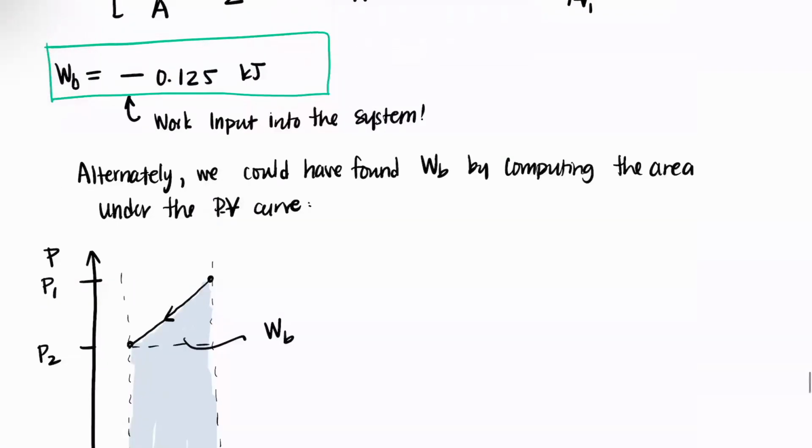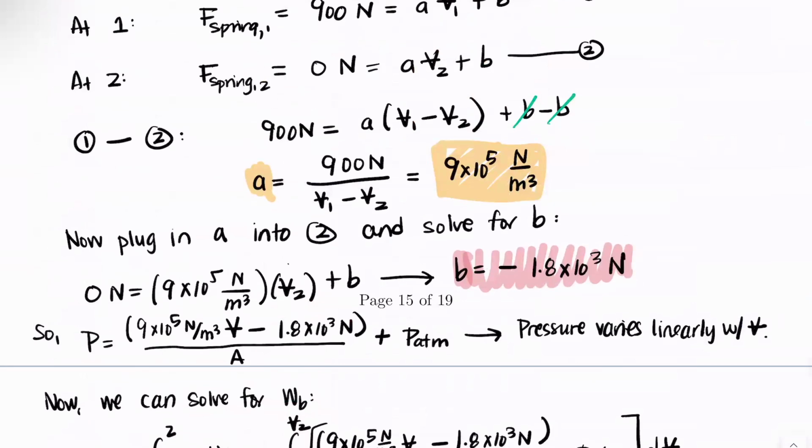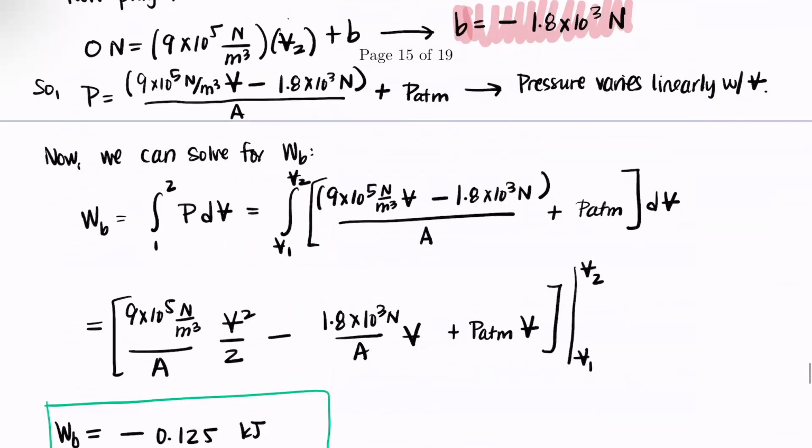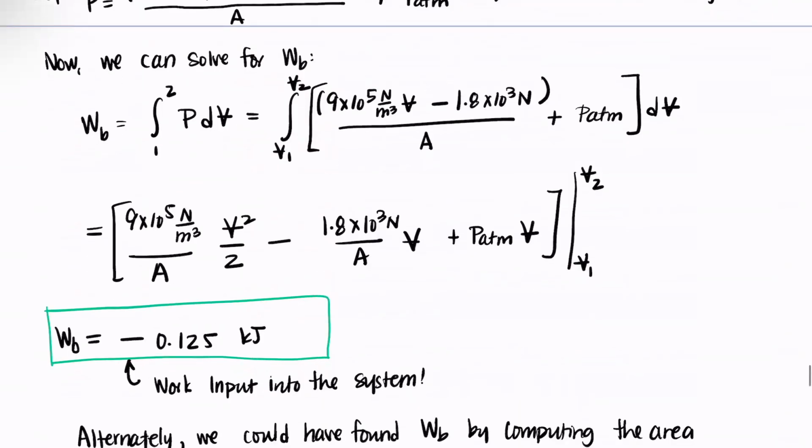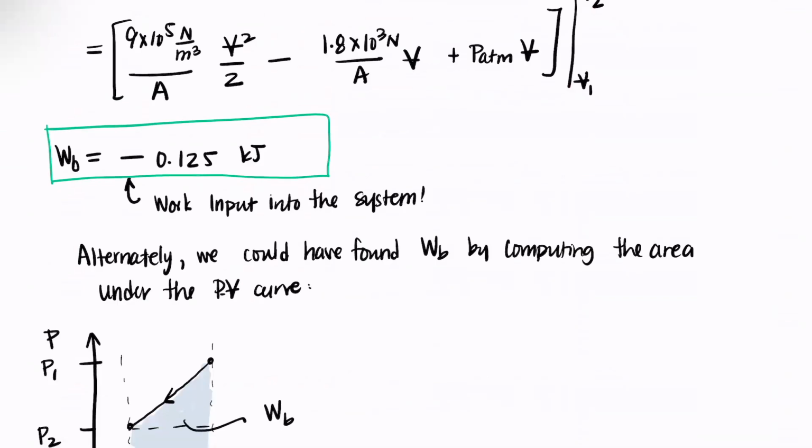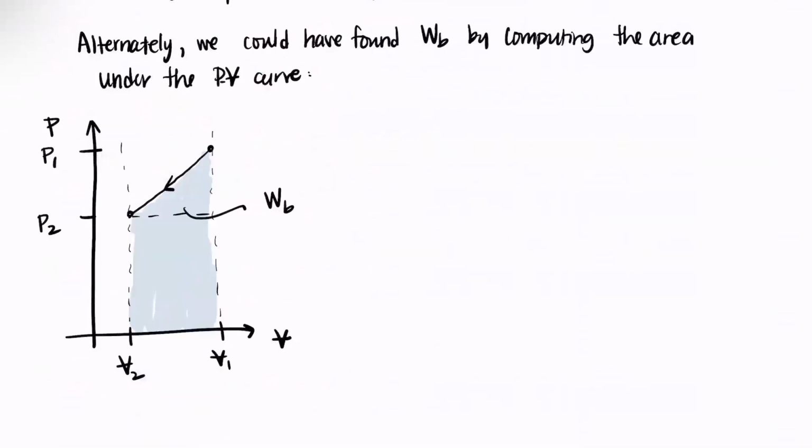Personally, if I've already gone through the trouble of finding this expression to prove that the pressure is related to the volume in a linear fashion, I would just integrate myself, but either way is correct. Okay. And you get the same answer. Do you want to see the same answer? No? Okay. Let's take a break.